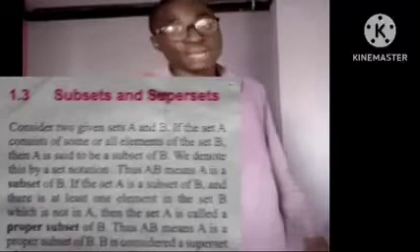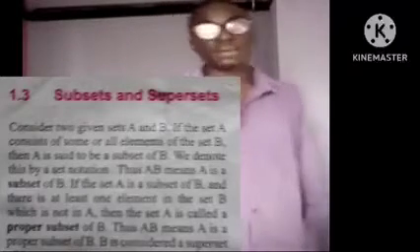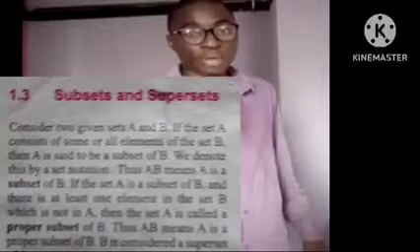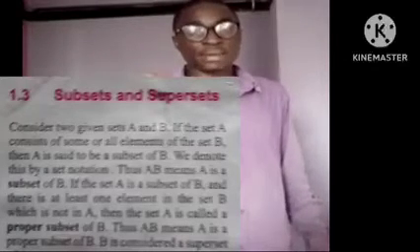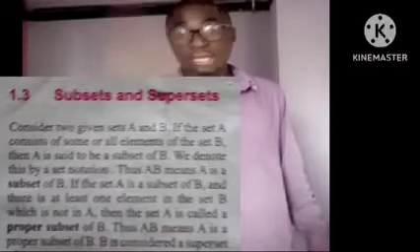But if set A does not contain all the elements in another set, it's just called a subset. And there are notations for this. Let me give you one example of notation.